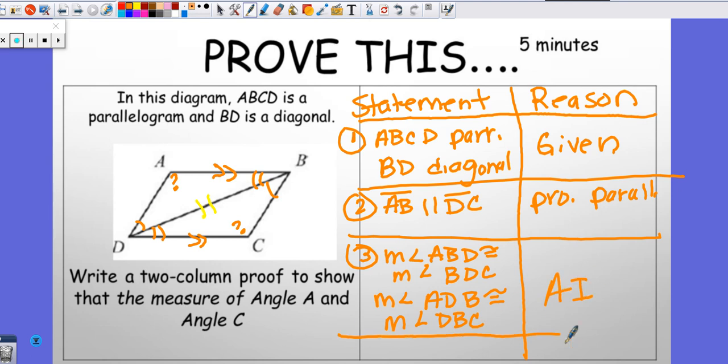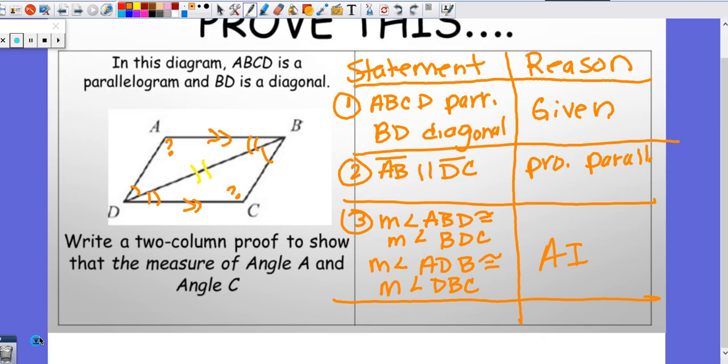You guys are probably picking up on a pattern here. And number 4, I can now say that BD is congruent to BD from the reflexive property.